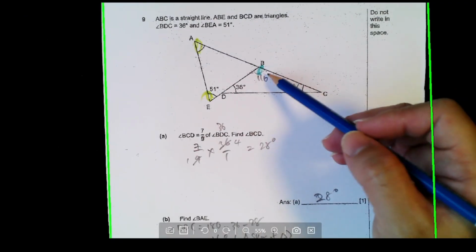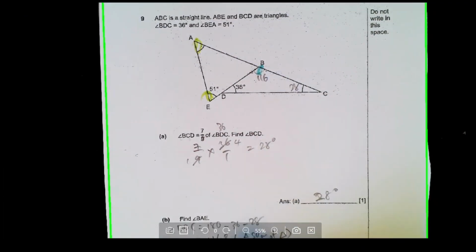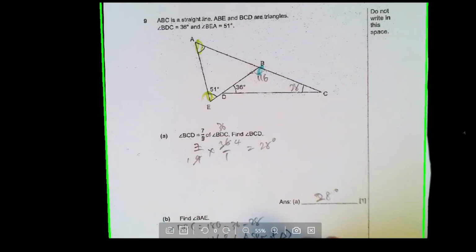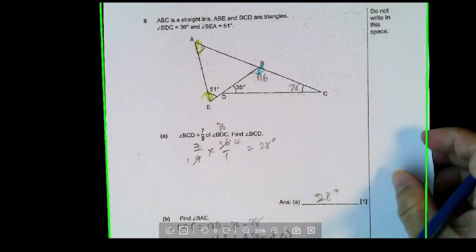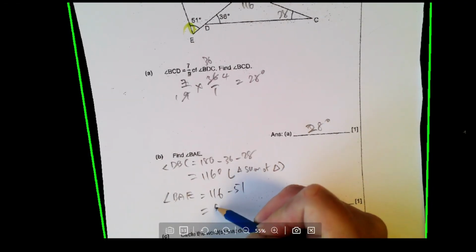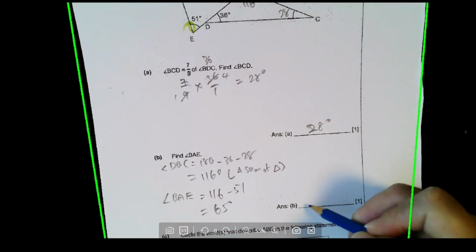This is 116, we found out. So this one is 116 minus 51, which will give you 65 degrees. 65 degrees. Okay, next.